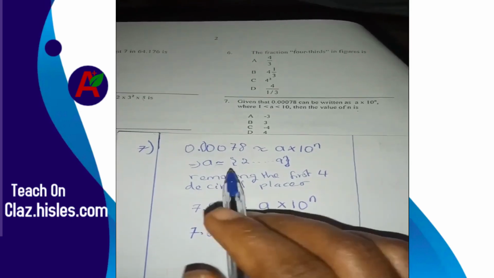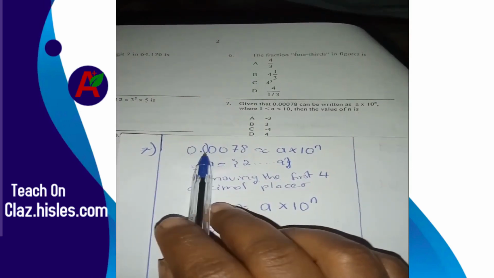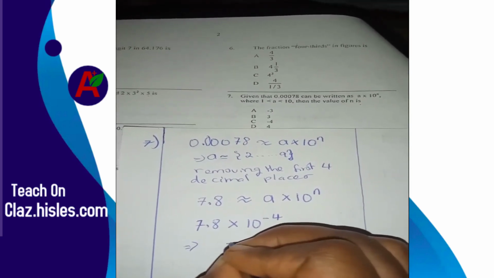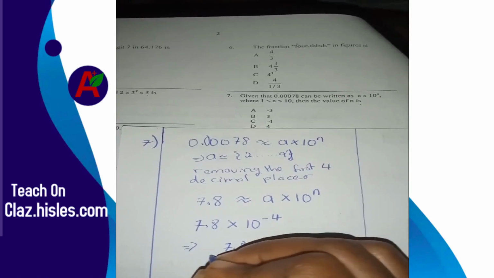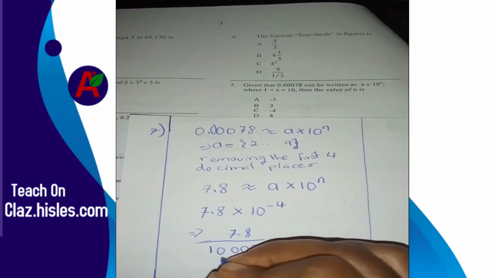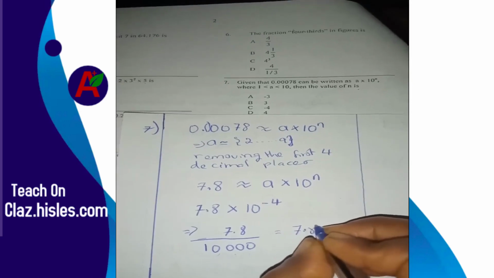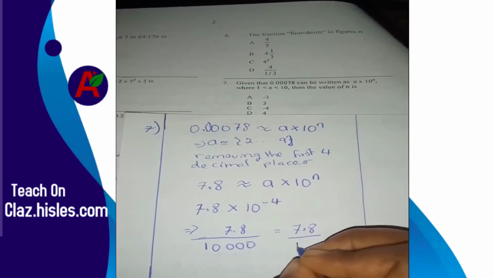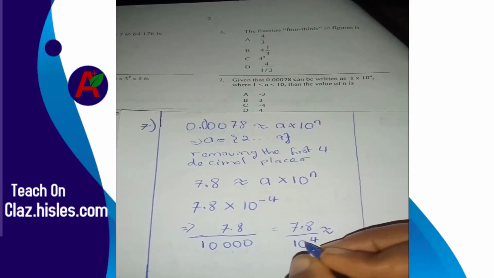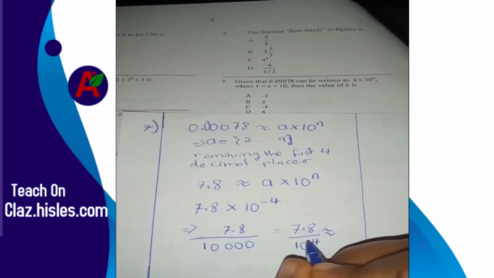If you try this on the calculator, you get back to the same value. Don't forget, it's negative 4 because 7.8 can also be divided by 10,000, and it will take us back to this. This also means 7.8 divided by 10 to the 4. And to bring 10 to the 4 up as a numerator, we have to negate the exponent.